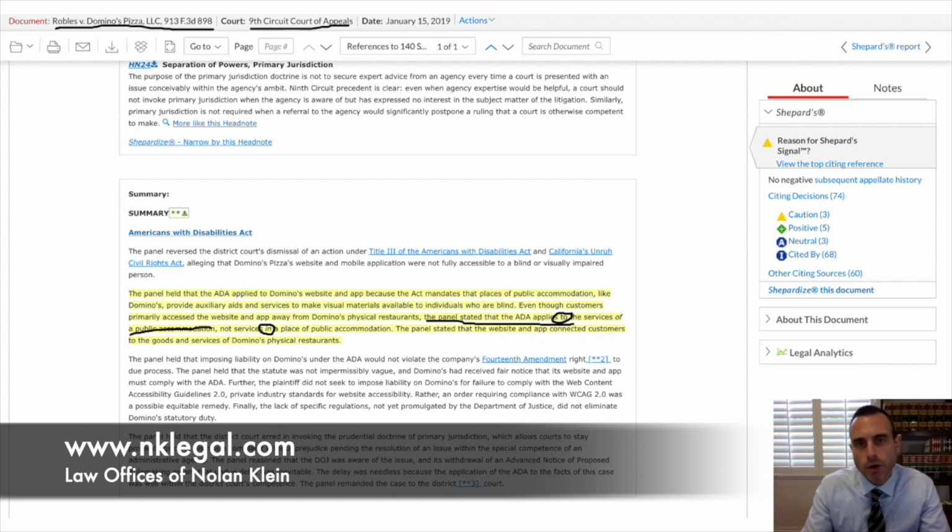So because there are courts in the United States which do say that a website of a place of public accommodation is subject to ADA regulations, and because websites are viewable throughout the United States, it's generally prudent to make a website ADA compliant.